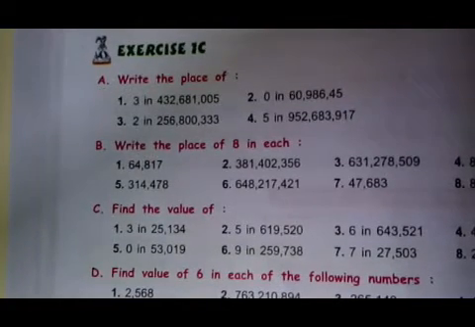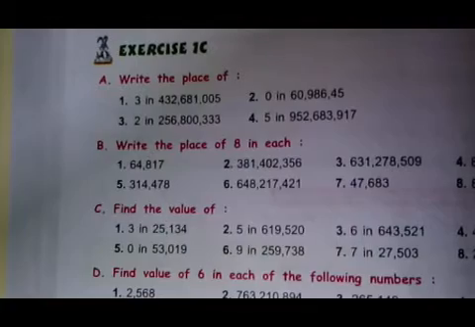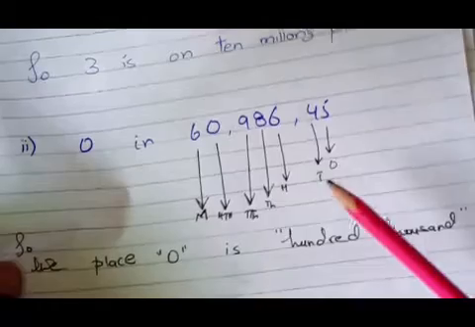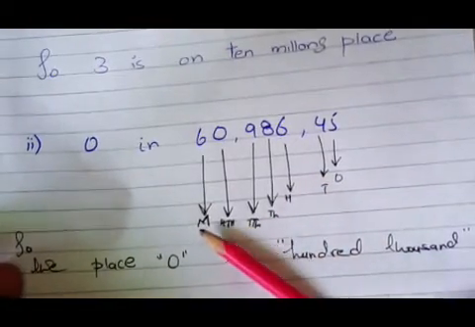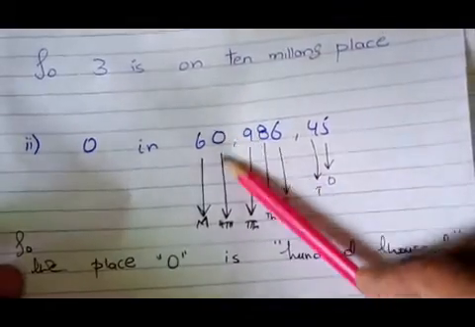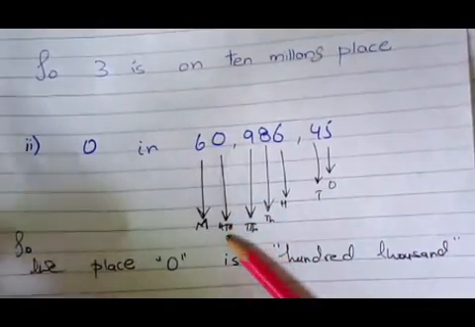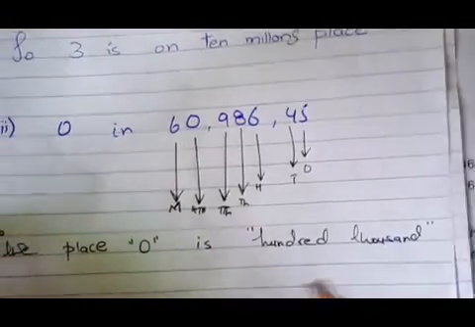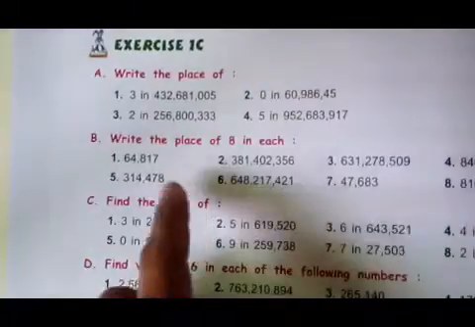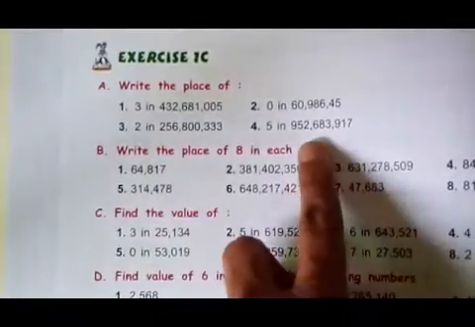Okay, let's move toward the next one. Look here, I have prepared for you: ones, tens, hundreds, 1,000, 10,000, 100,000 and million. So 0 is on the 100,000 place.